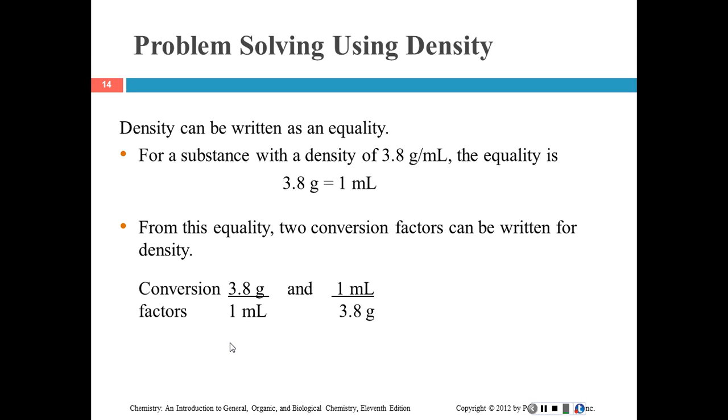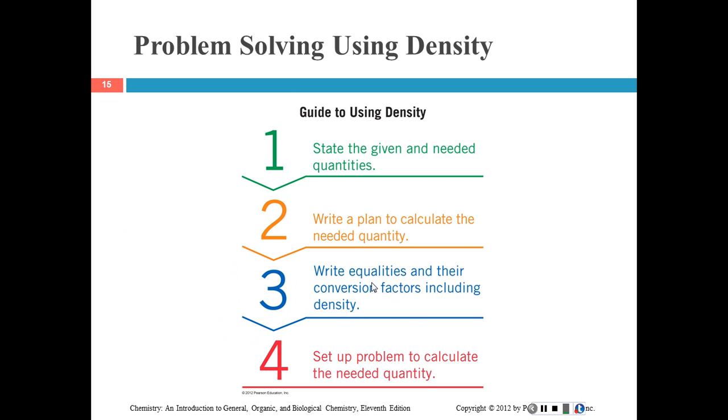So that allows us to draw conversion factors: 3.8 grams over 1 milliliter, or 1 milliliter over 3.8 grams. And so we can use those in solving problems. And here's our old buddy, the guide to using density. You state the given and needed, you write the plan, you write whatever equalities you're going to use, and then you plug them in.